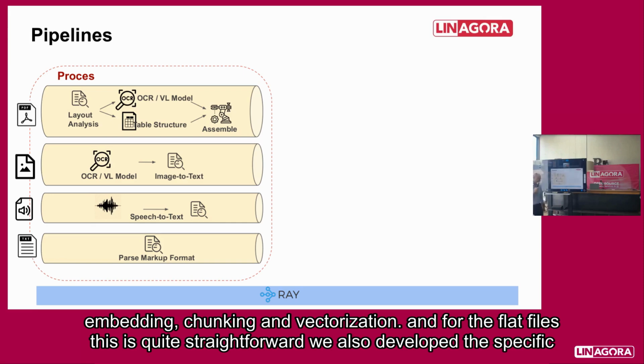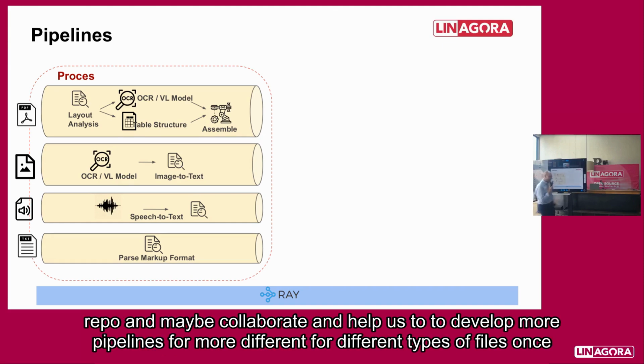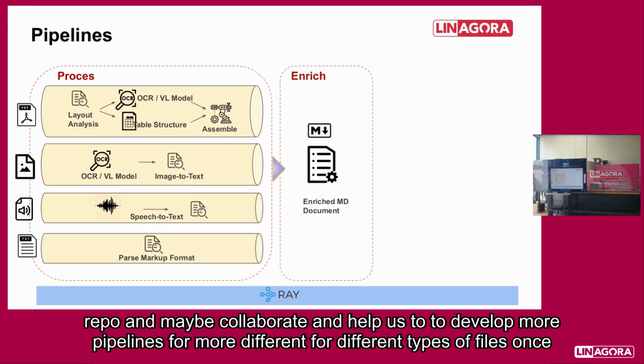We also developed specific pipelines for other types of files, and this is still a work in progress. So we invite you to take a look into our repo and maybe collaborate and help us to develop more pipelines for different types of files.